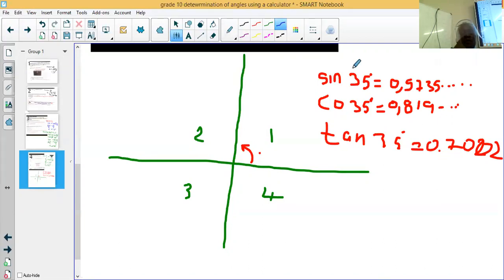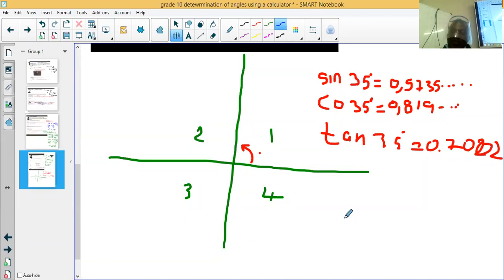What is the reciprocal of sine? 1 over sine. That is cosec. So meaning to say the reciprocal of sine is cosec.